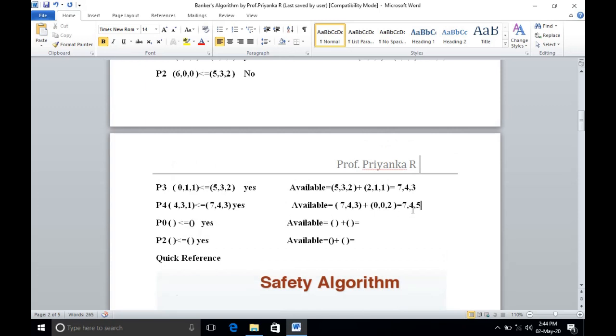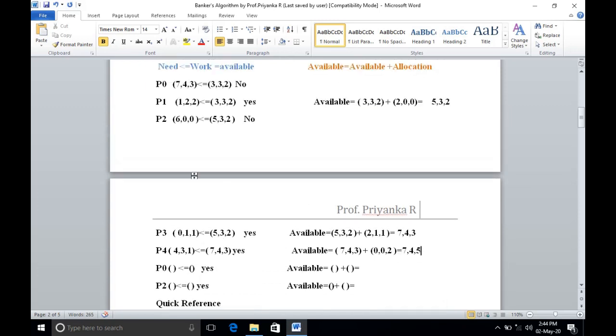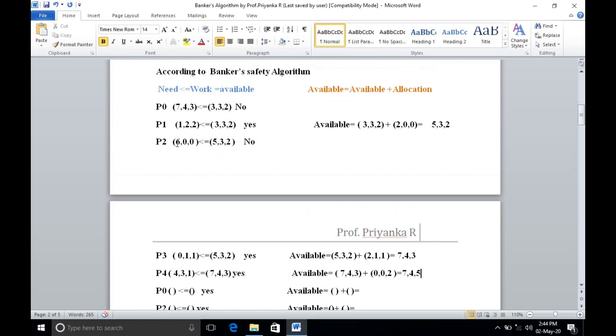Now, with respect to the new available, we have to go back and check whether P0 or P2 can be satisfied. In the initial state, we saw that P0 was not satisfied because its need was not lesser than the available. But now, as per our new available, the resources are 7, 4 and 5.